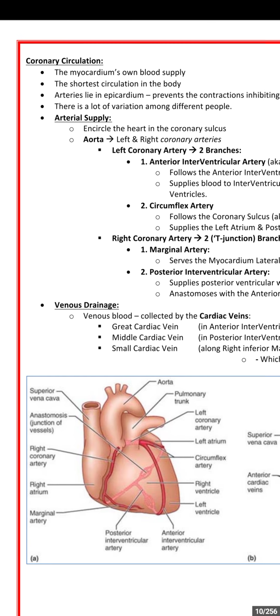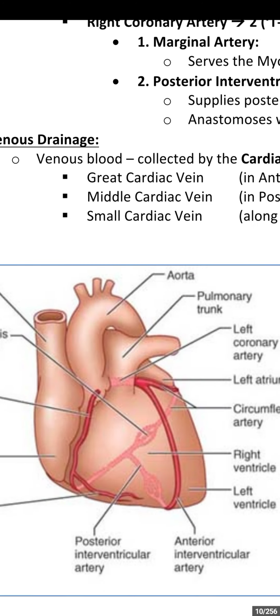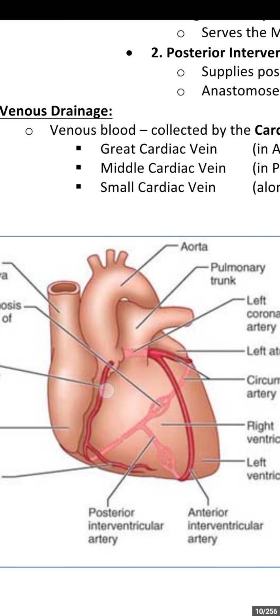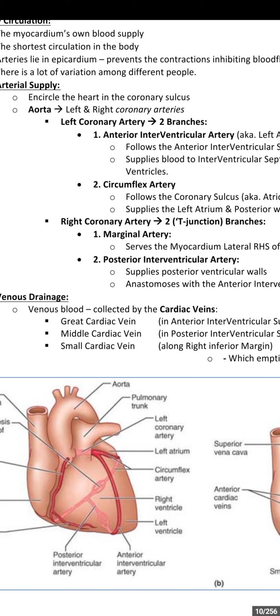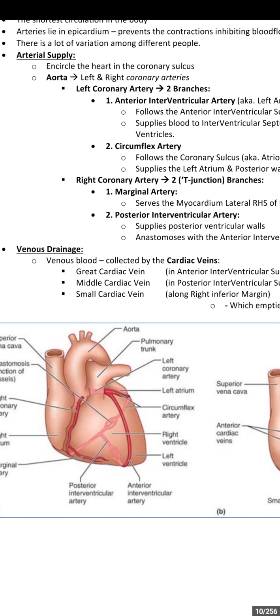These are all the arterial supply. It encircles the heart in the coronary sulcus.